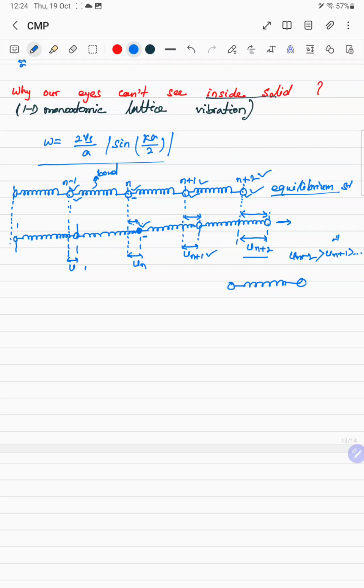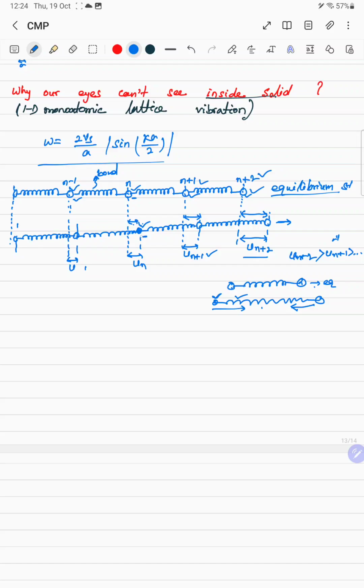Now let's say this is the equilibrium state, that is, two atoms are in equilibrium and the spring is also in equilibrium. When the spring gets elongated, it will try to get back to its equilibrium state. It will pull this atom in this direction, and the spring will pull the other atom in this direction also.